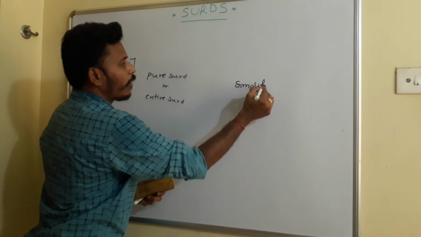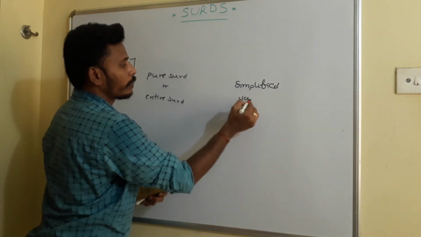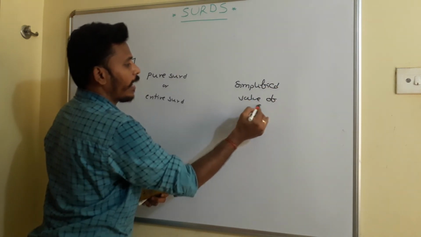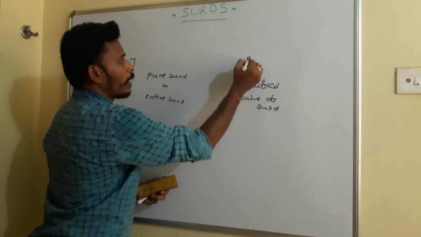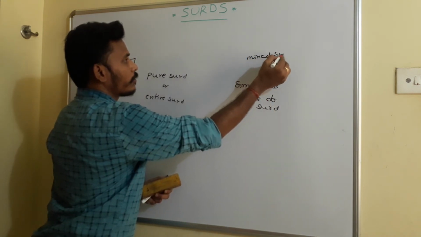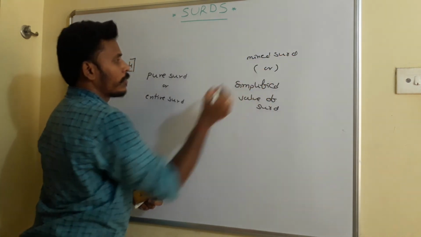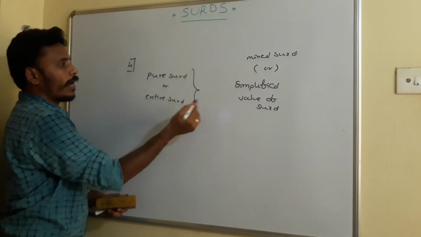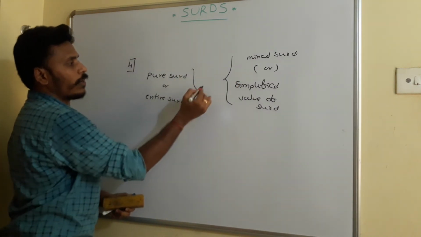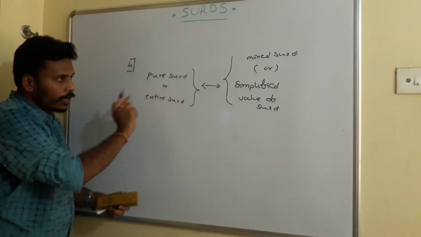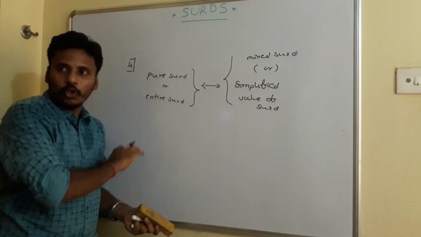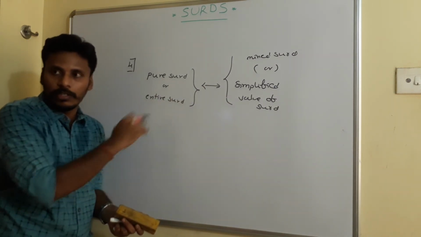See, simplified value of surd, or sometimes we call it a mixed surd. See, just have a look. Pure surd or entire surd, mixed surd or simplified value of surd, and we need a transformation from this type to that type and that type to these types, right?